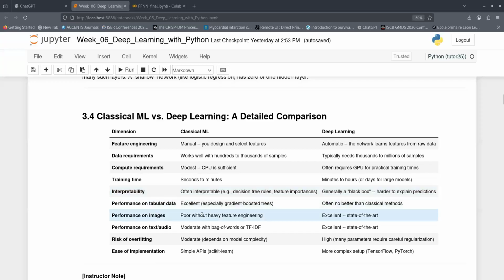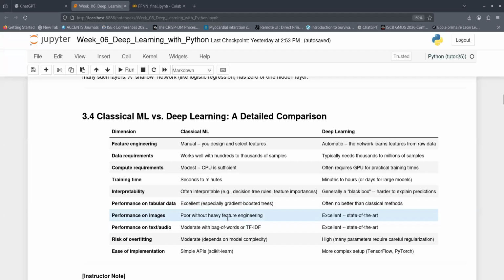So the performance on tabular data is excellent for classical methods, especially for gradient boosted trees. But for deep learning, the performance on tabular data is often no better than classical methods. So if you use tabular data and apply deep learning, you are just going to obtain no better result compared to classical methods.